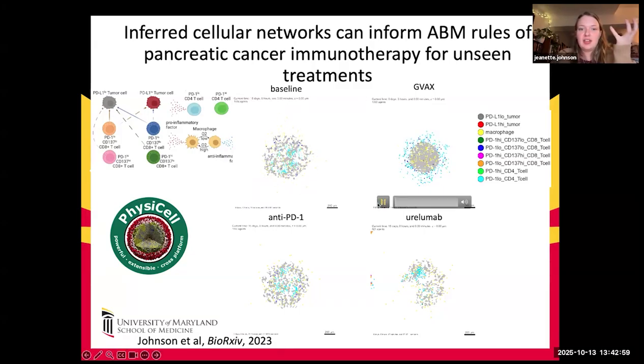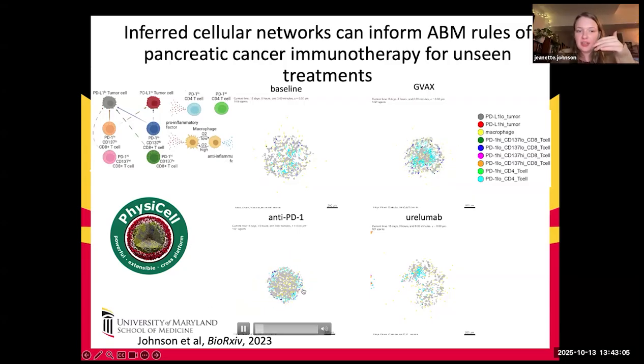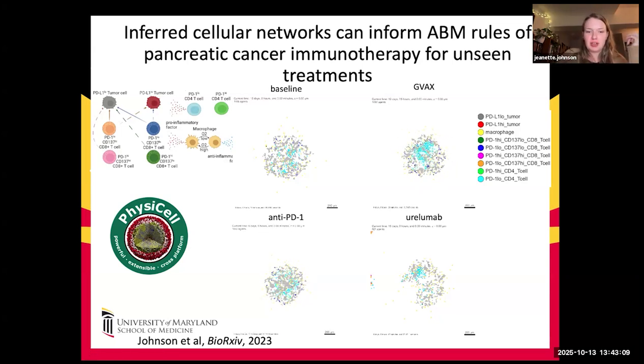Then I can say, let me expand the T cells, let me see what happens. Let me make the T cells PD-1 low, see what happens, and then make them CD137 high and see what happens.